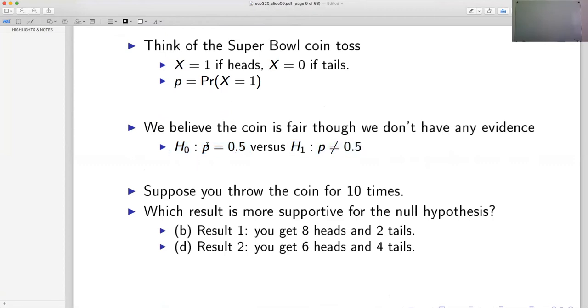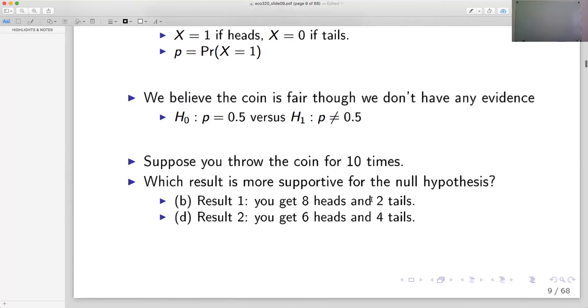Basically, you should be able to convert our present assumption, the null hypothesis, into mathematics. For example, if the coin is fair, then the probability of x equal 1, or heads, should be 50%; otherwise it's not. So we actually want to test it. Suppose you flip the coin 10 times. Which result is more supportive of the null hypothesis? 8 heads and 2 tails, or 6 heads and 4 tails?